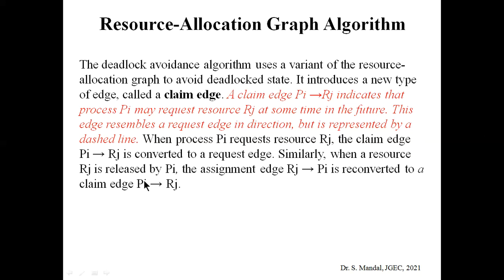That means when a resource Rj is released by the respective process Pi, the assignment edge is converted again to a claim edge. So this way, a claim edge is converted into a request edge, then the request is converted into an assignment edge, and again the assignment edge is converted to a claim edge.